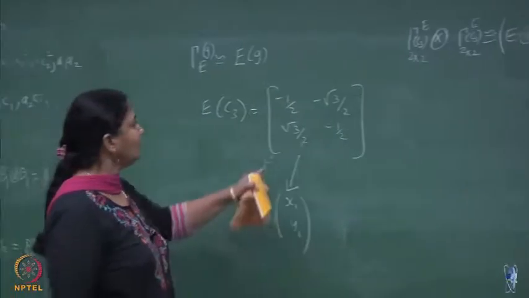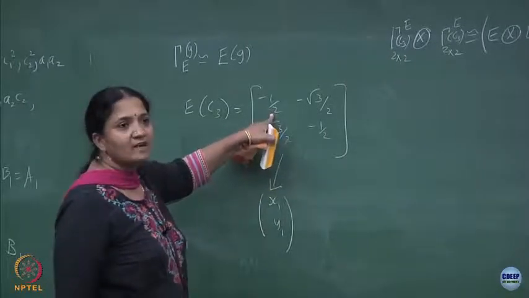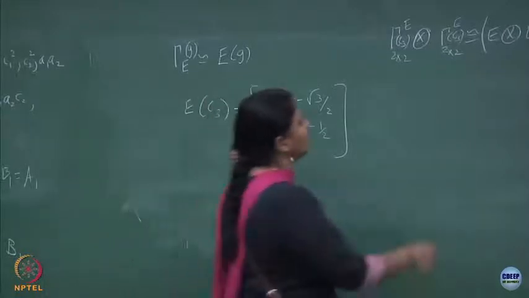So, what do you have to do? You have to take this 2 cross 2 matrix, take the first element minus half and multiply with all the 4 elements, right. So, let us write that here.